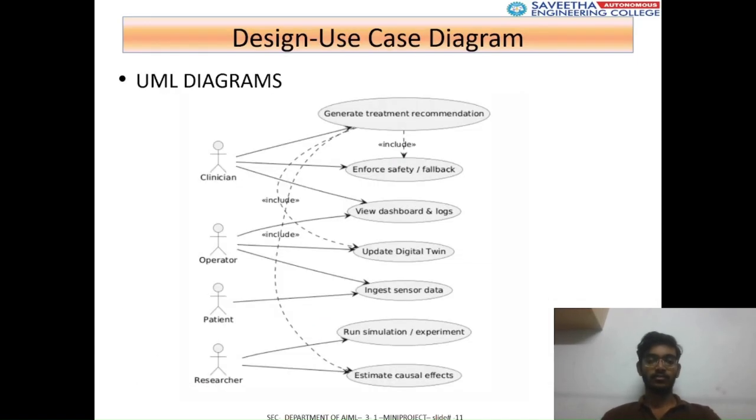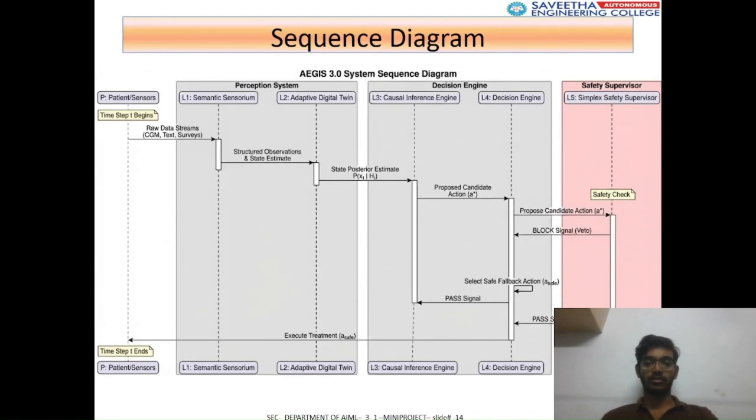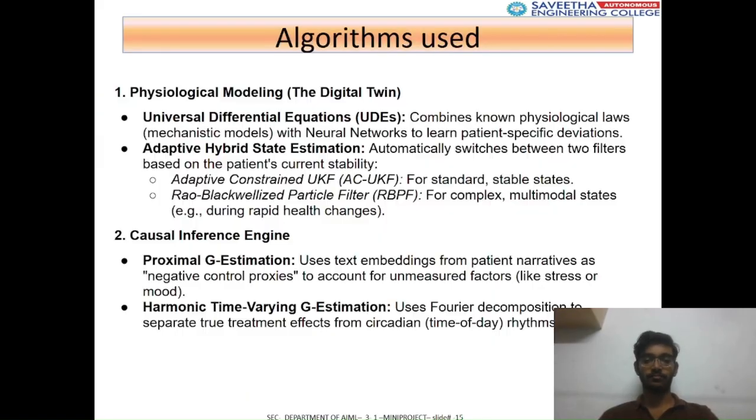Then these are some UML diagrams which will be required for the final prototype or system we propose. There's a class diagram, use case, and we have sequence diagrams as given, where we have a patient, the first layer, second, and up to 5 layers along with the actions they perform.